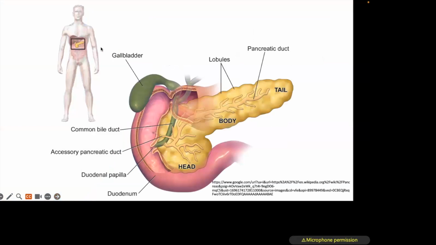Just to begin with, we're going to talk about the pancreas. As you all know, the pancreas is an abdominal organ. It is located below the diaphragm. It's exocrine and endocrine. Endocrine is where the neuroendocrine tumors develop. It's associated with insulin.